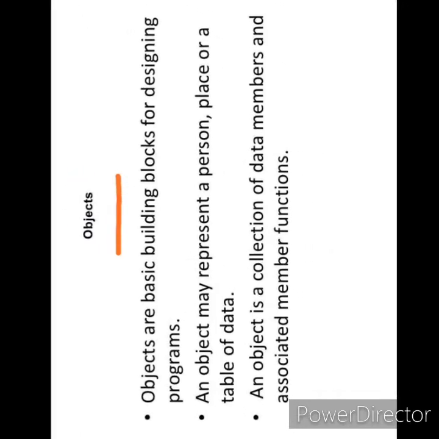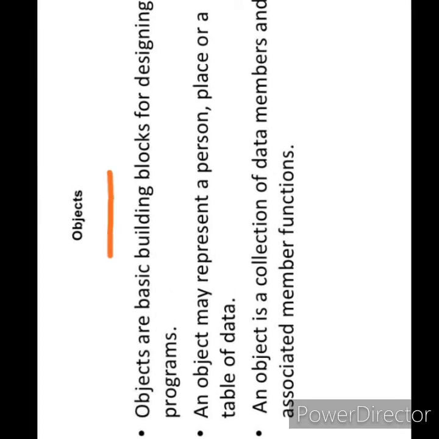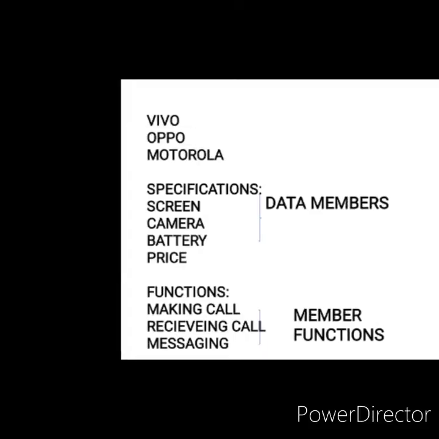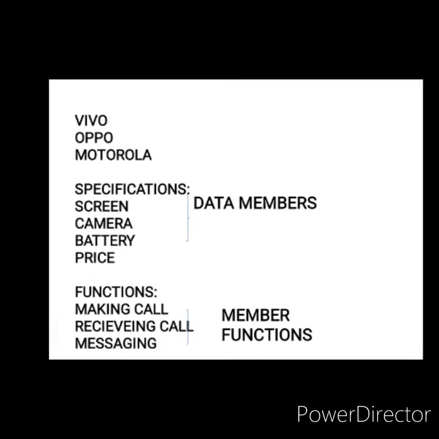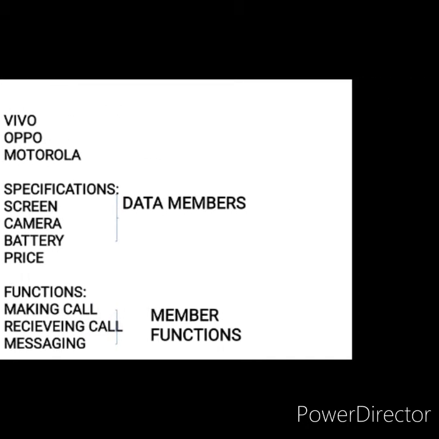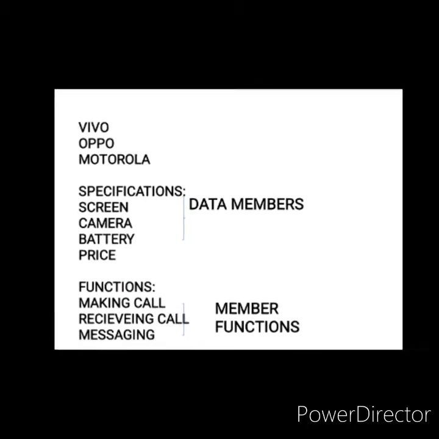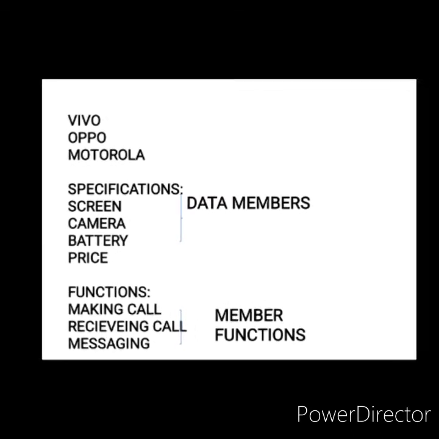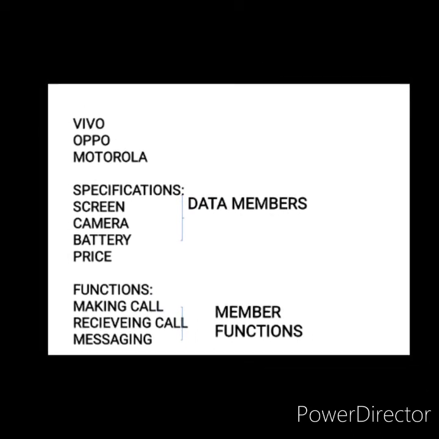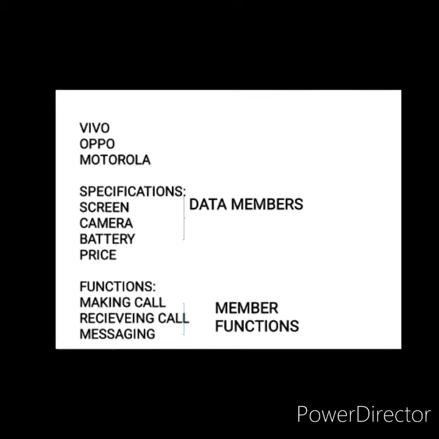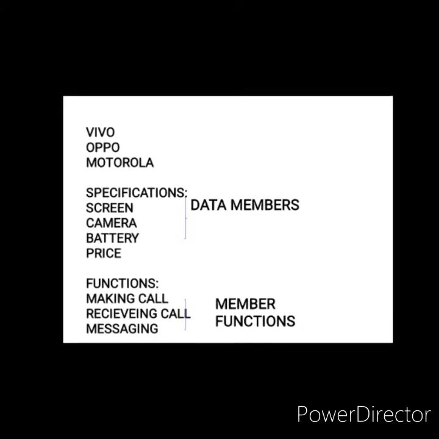Let us consider an example of a mobile phone. A mobile phone is considered as an object. A mobile phone has certain data members as well as member functions. Now let us see what data members are associated with the mobile phone.